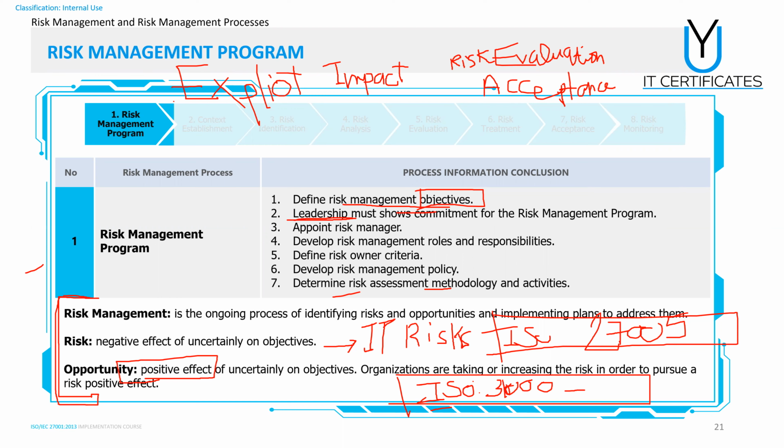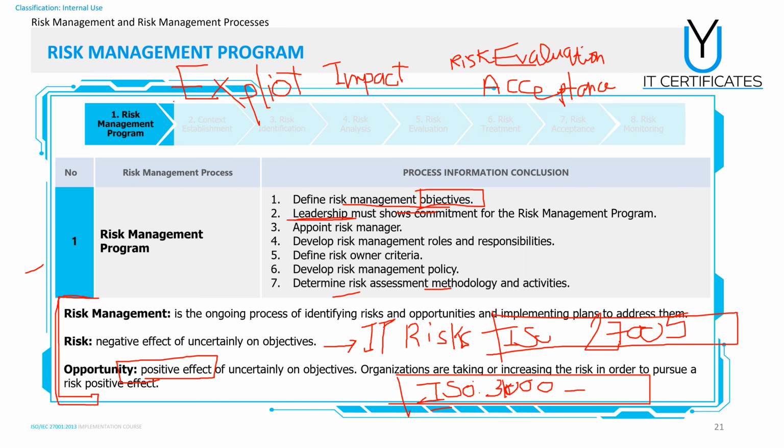In ISO, we have their own management systems such as ISO 27001 and 27701 for privacy management and all this stuff. All these ISO standards require risk management.